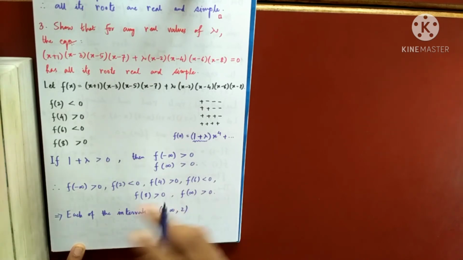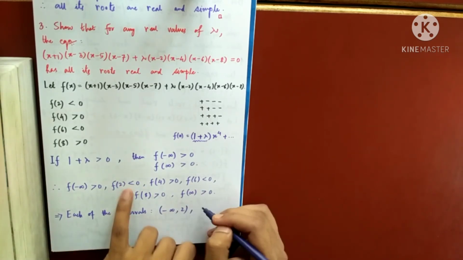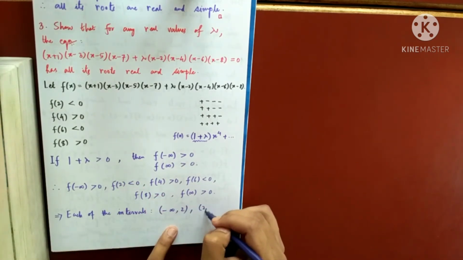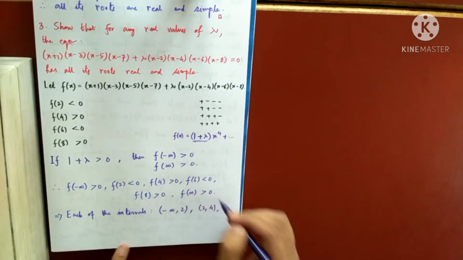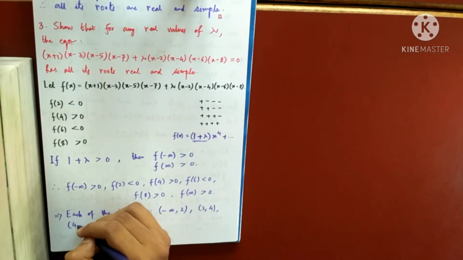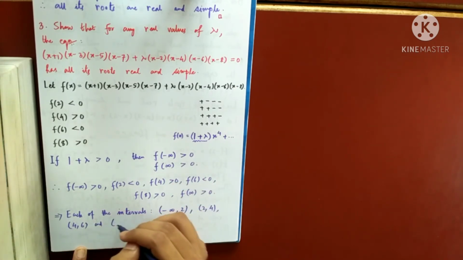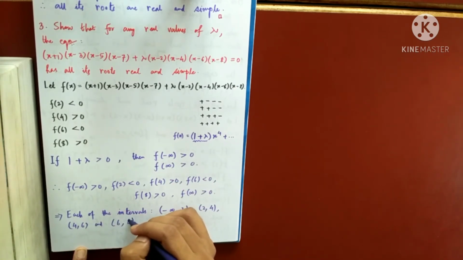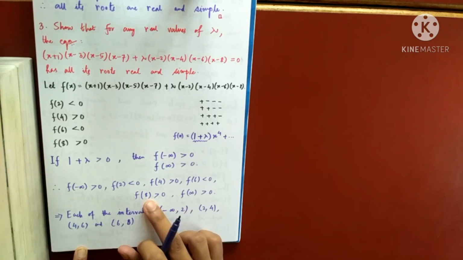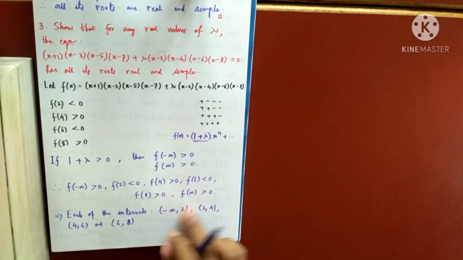Minus infinity to 2, because this is positive, this is negative. Negative, positive, so 2 to 4, 4 to 6, and 6 to 8. I cannot guarantee that there lies a root between 8 and infinity, because both are positive.